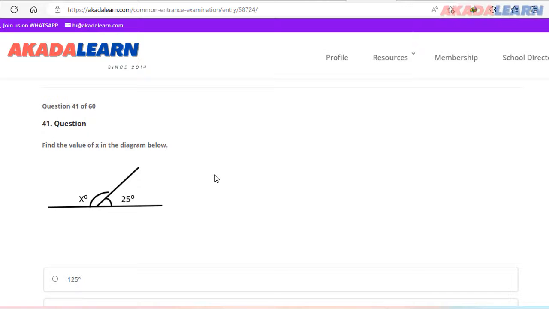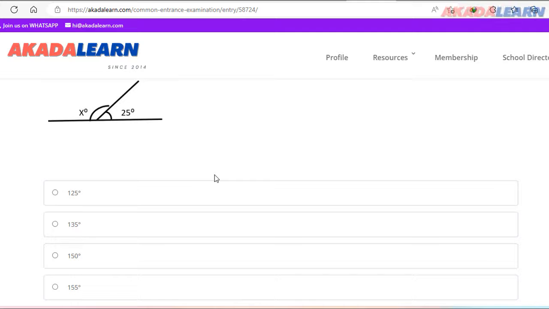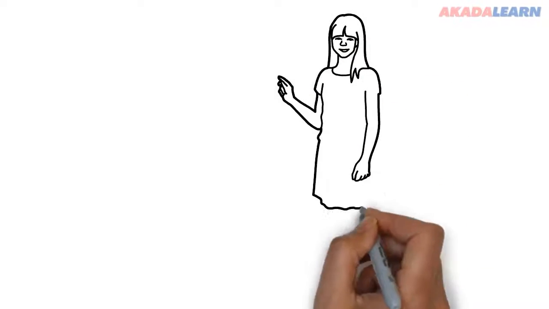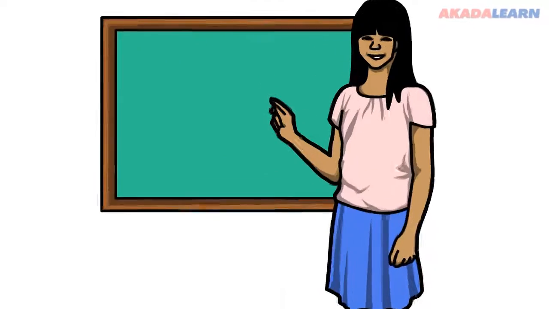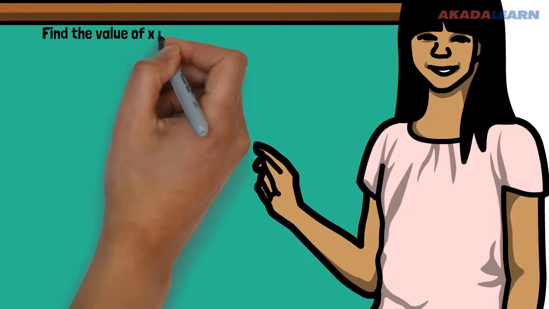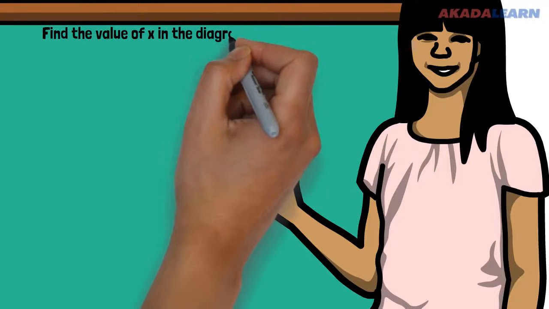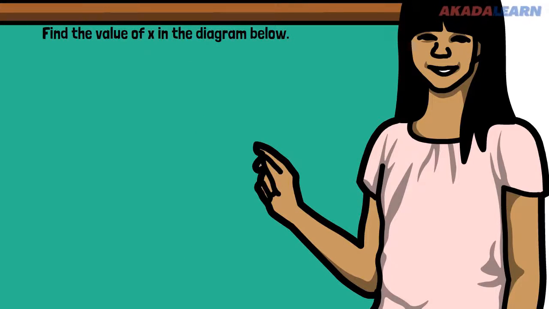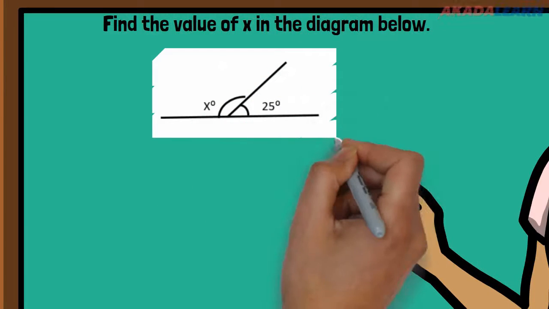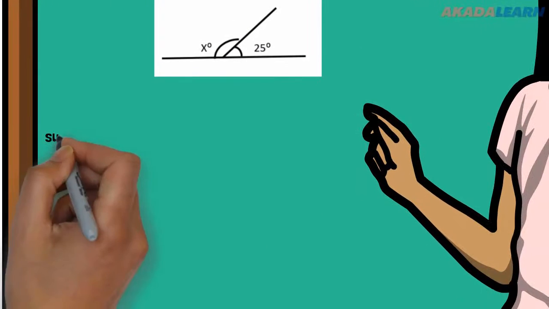Find the value of x in the diagram below. Okay, so you can see this is a bit of geometry. So let's look at our video and see how we get the answer. So the question is, find the value of x in the diagram below. So let's look at our diagram. We can see x degrees and 25 degrees there.